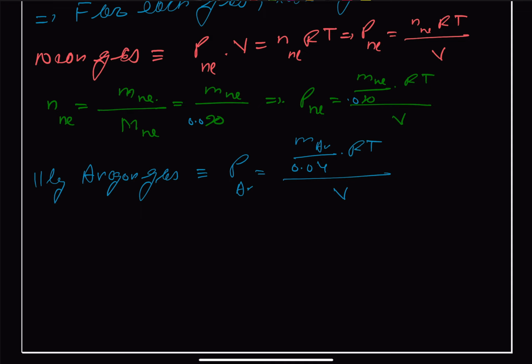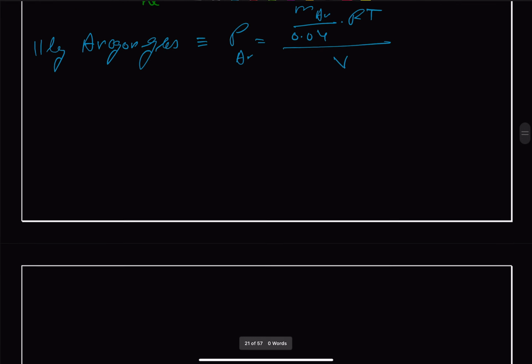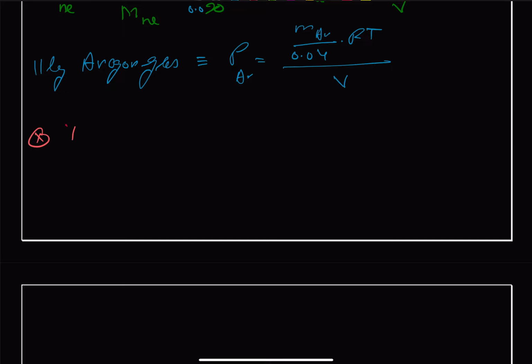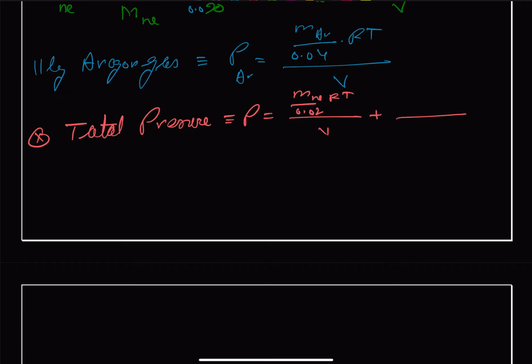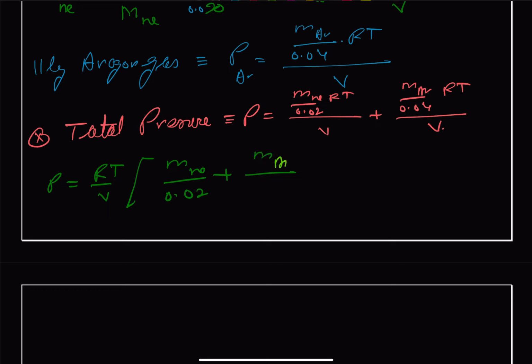So now we can just use this equation, so we get the total pressure P will be equal to, because of argon as well as neon, we can write this as, because of neon, M_Ne by 0.02 RT upon V, plus because of argon, RT upon V. And we just sort it out, so we can write P is equal to, we can take RT upon V as common, and this comes as M_Ne upon 0.02 plus for argon, 0.04.